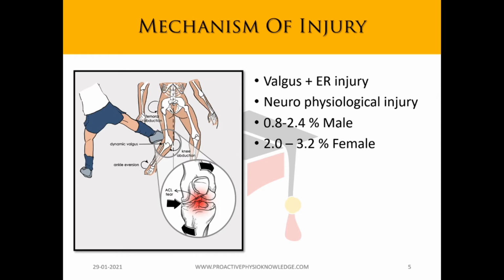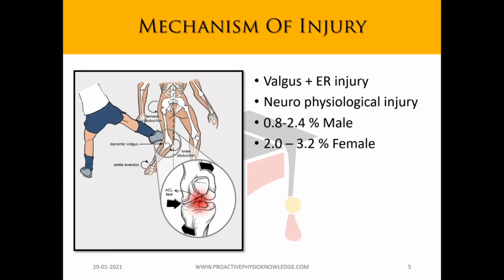Now, how does the ACL get injured? The mechanism of injury: ACL tear is the most common ligament injury in the knee joint. As I told you earlier, 70% of knee injuries occur during non-contact trauma. When there is a loss of mechanoreceptors, there is altered supraspinal motor control. Therefore, there are changes in motor control strategies, which can reveal changes in proprioception, posture control, muscle strength as well as movement pattern.